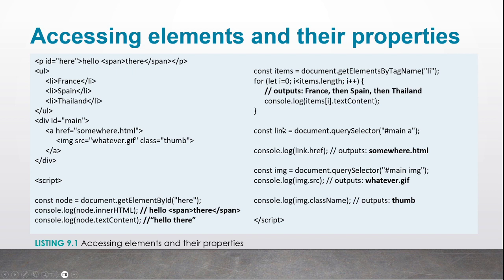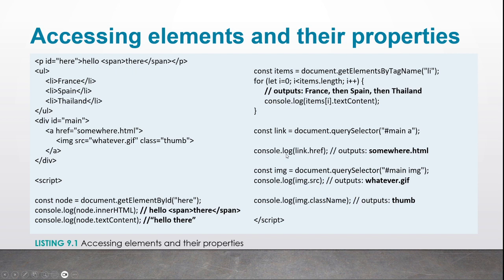Same kind of thing here. This is using that query selector, right? We're going to create a thing called link, and we're going to look in the document and grab the something with an ID of main, and then the a tag. So we find our ID of main here, and within it, we're grabbing everything that's in that a tag, right?